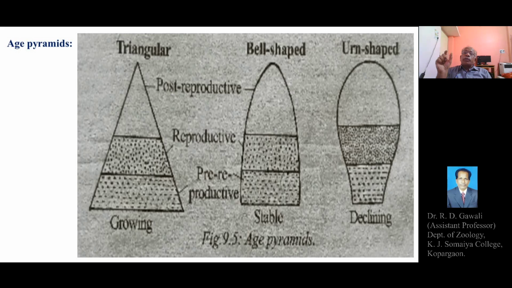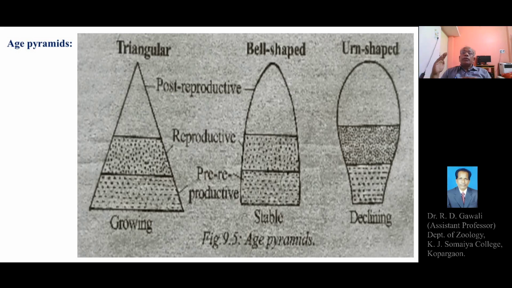The pre-reproductive individuals are very few, slightly more are of the reproductive age group, and a large number are of the post-reproductive age group, the old individuals who are going to die soon.